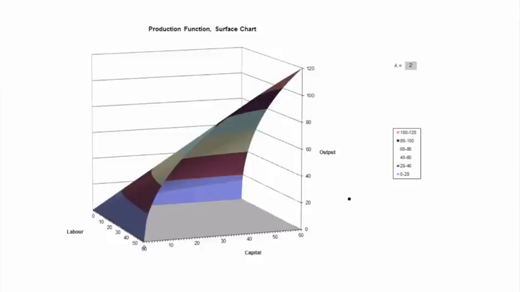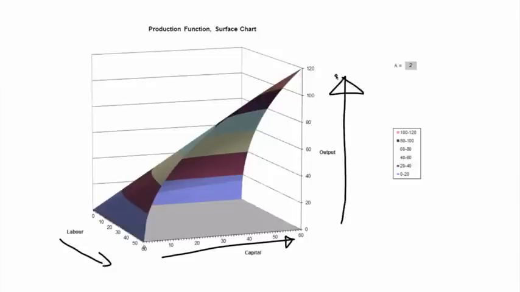So it's a three-dimensional plot of this concept of the production function. And so what we're doing here, similar to our last production table, is as we move along this axis, we're varying the amount of capital. As we move along this axis, we're varying the amount of labour. And then the height of this surface is giving us the amount of output.